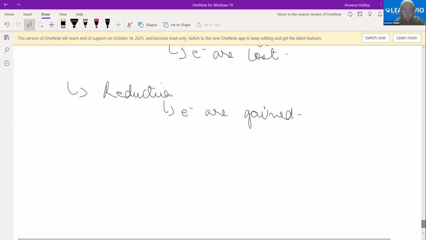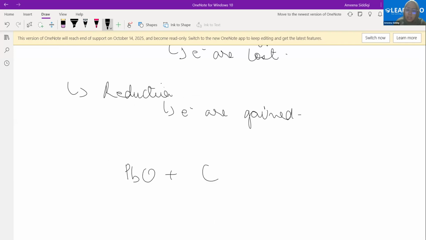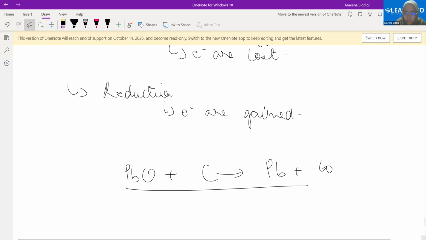Now see, if I give you a very simple question here. Let's say I have this and this, and I will get this and this. What is happening here? Here, lead oxide will go under reduction, and carbon will go under oxidation.